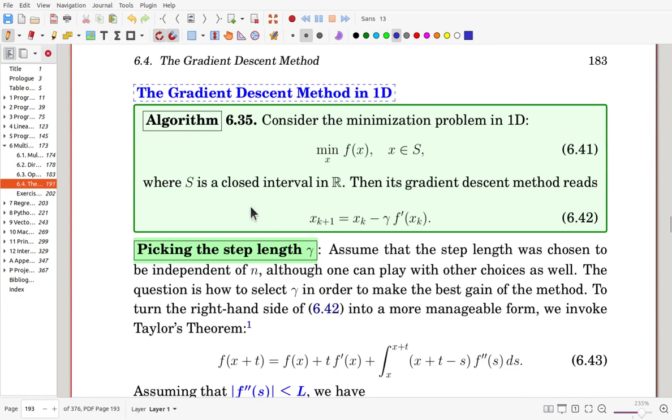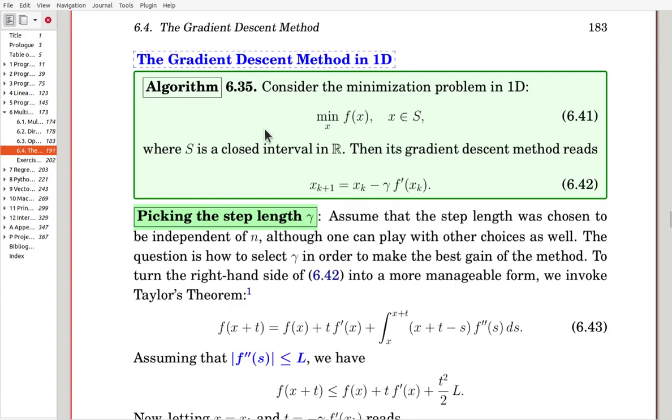Now we'll try to analyze the method in 1D. Consider the minimization problem in 1D, the minimization of f of x when x is in a set S, and S is a closed interval in the real line.